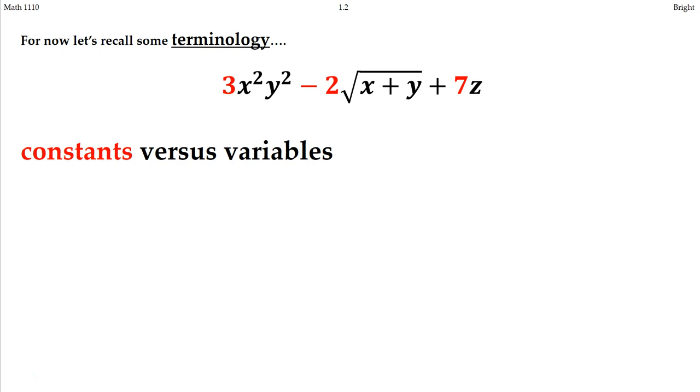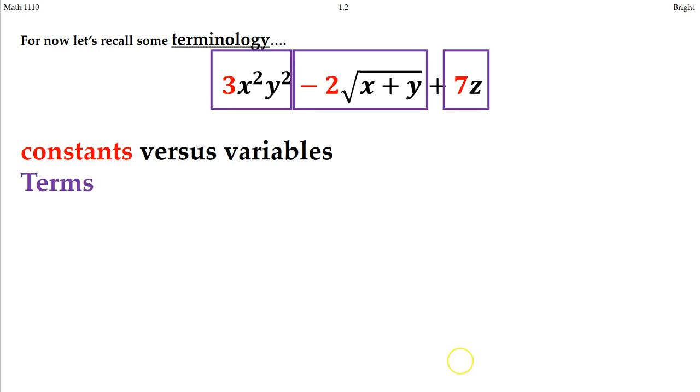Now, next is this language of terms. We're talking about terms with terminology. Yay. Terms are the parts of an expression like this that are separated by addition or subtraction. Notice that in here we have a subtraction sign and an addition sign.